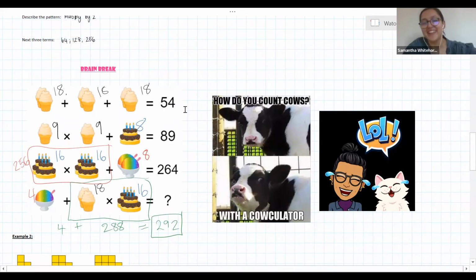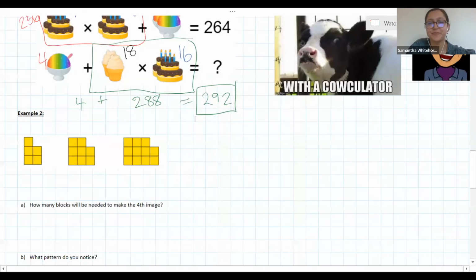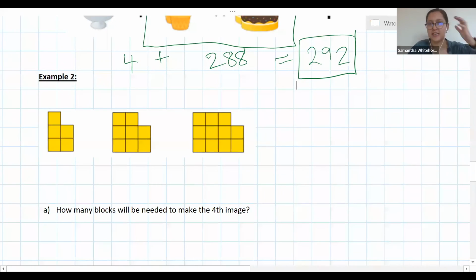Alrighty. Let us continue on with our patterns. Eventually, as we go along in this course, we're going to chat about the fact that we can represent patterns and relationships with variables in a whole bunch of different ways.